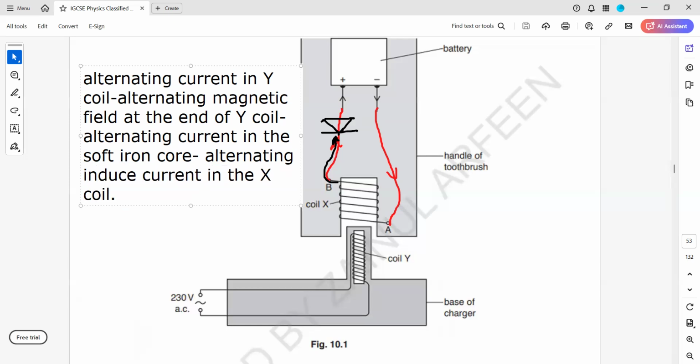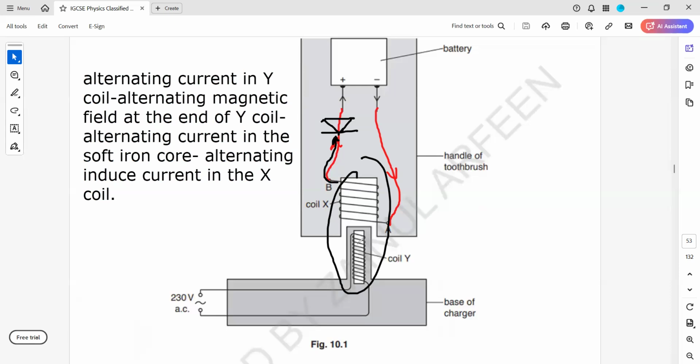A transformer works on the same principle: when two coils are there, one has an AC supply and the other does not have anything, it produces a voltage. Wireless chargers also work on the same principle, electromagnetic induction. This is called mutual induction, where one coil produces a current or voltage in another.